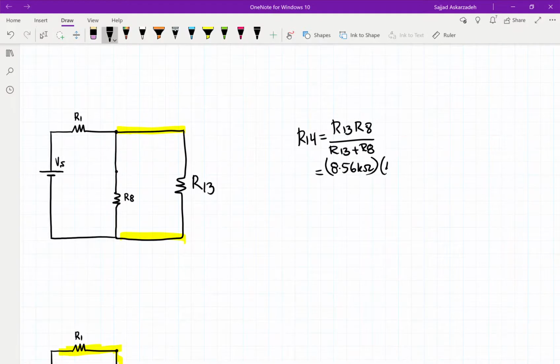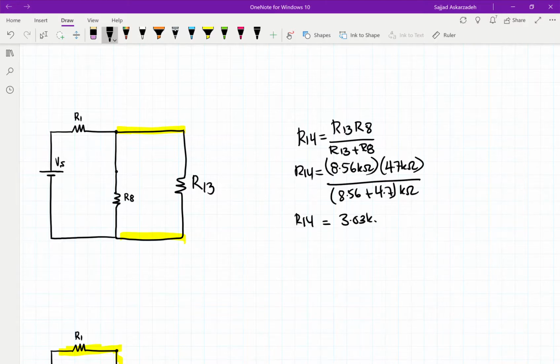And if we calculate this, for R14 we get 3.03 kilo.